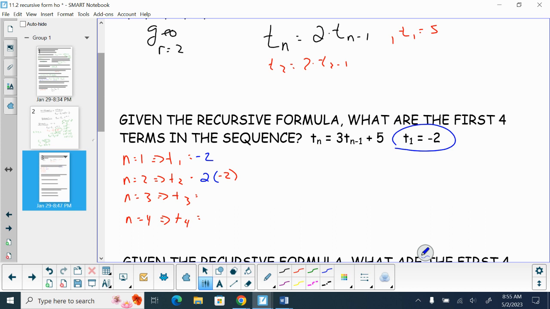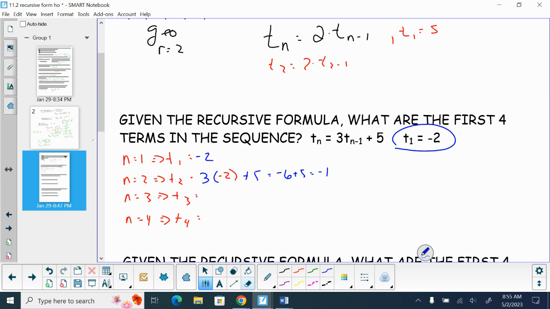To find our second term, we have to take 3 times this -2, which is the previous term, plus 5. So we have 3 times -2, which is -6, plus 5, which is -1.